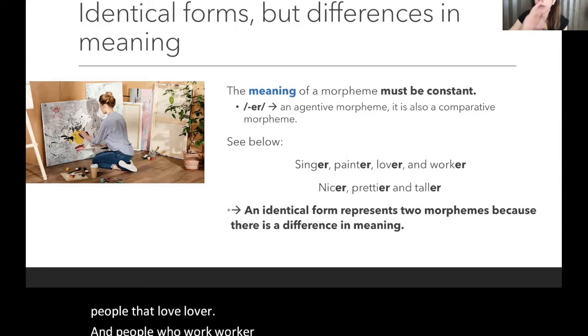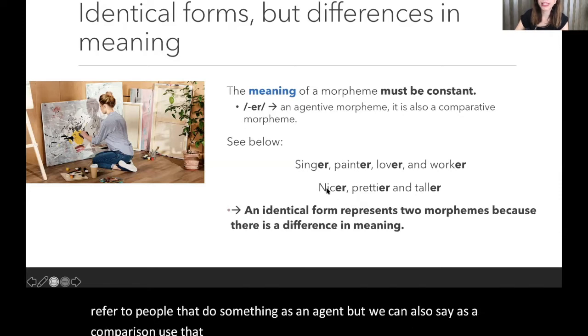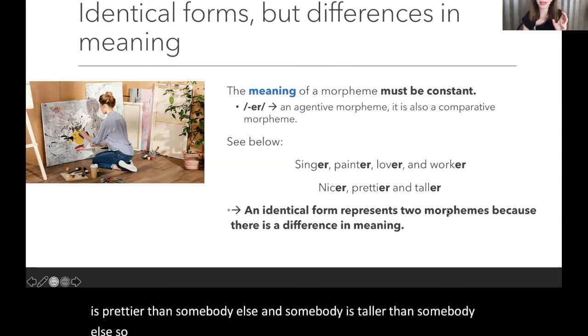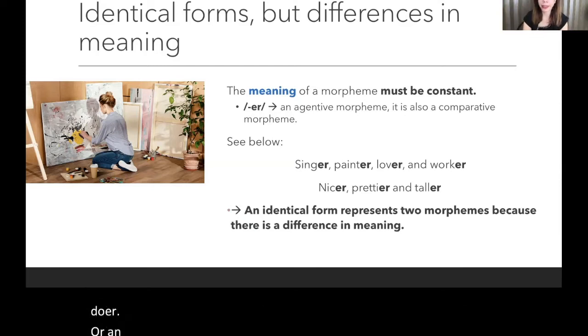But we can also use it not just to refer to people that do something as an agent, but we can also use that er as a comparison. So someone is nicer than somebody else. Somebody is prettier than somebody else, and somebody is taller than somebody else. So in this sense, we have the same combination of sounds or the same morpheme, er, but it's used to communicate different meanings, a doer or an agent versus comparison.